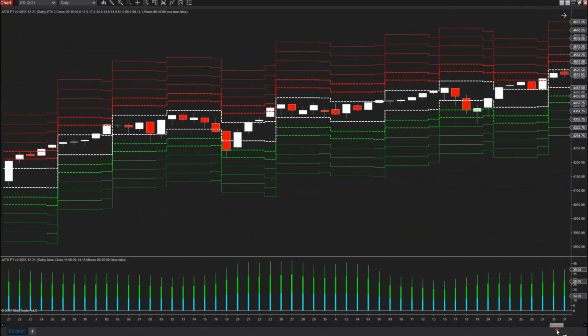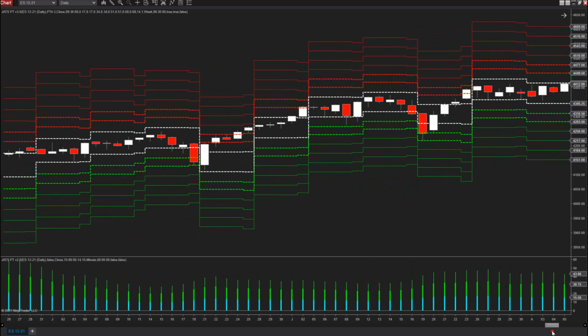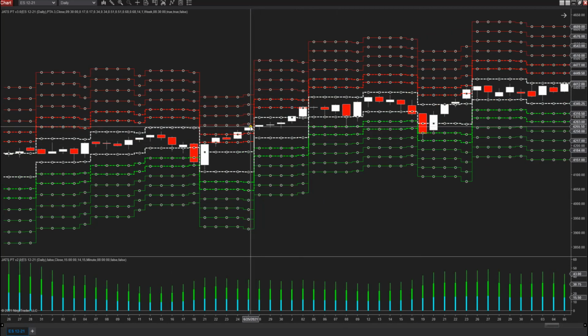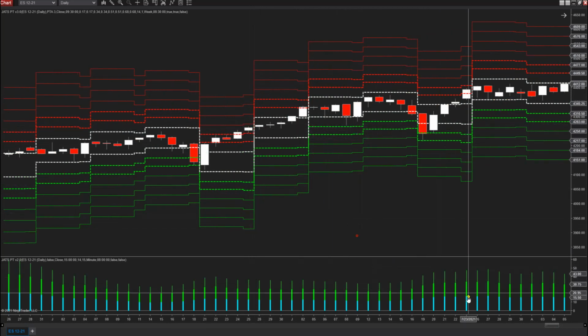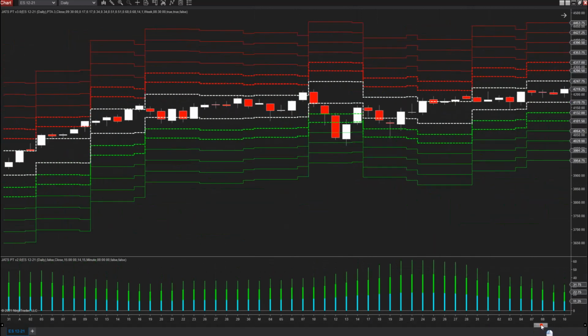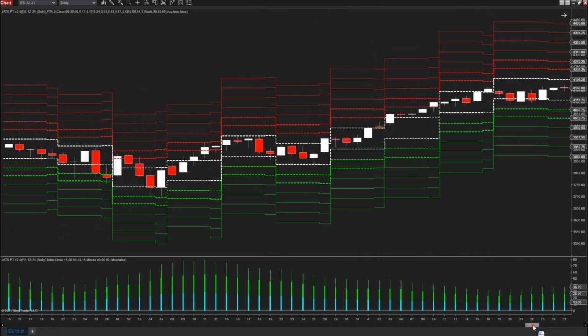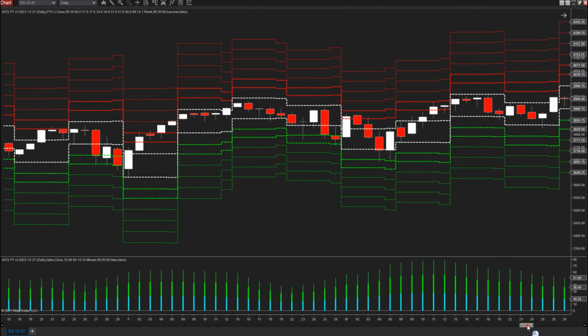Everything is inside, inside, inside. Look at that. So here we got above it, but it never got above that first fib. That is your call hedge, that first fib line.